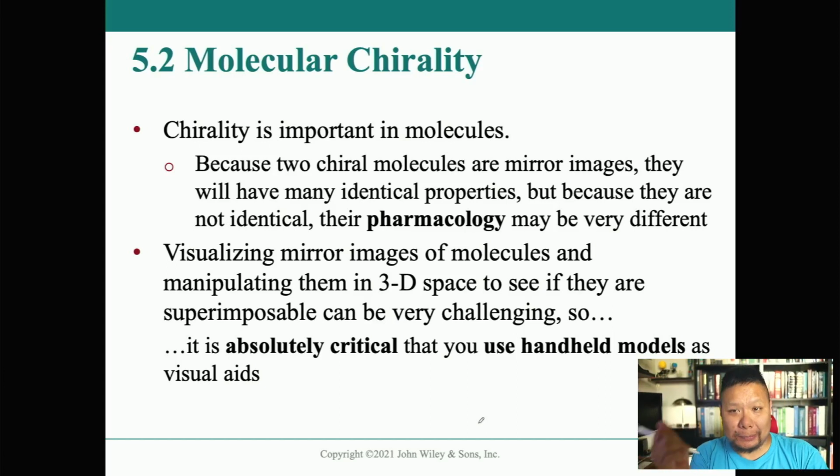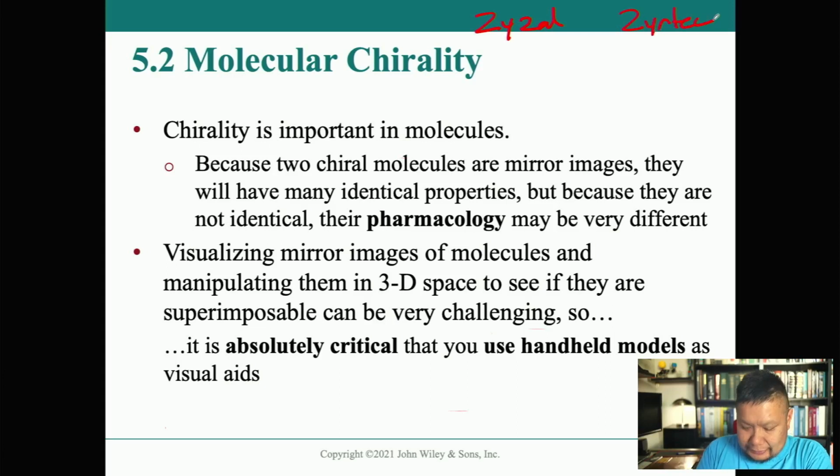So chirality is super important because of pharmaceuticals. And I have a really good example here because I've been having a lot of allergies lately. So I've been taking a drug called Xyzal. Xyzal is actually a stereoisomer of Zyrtec, and let me show you why.